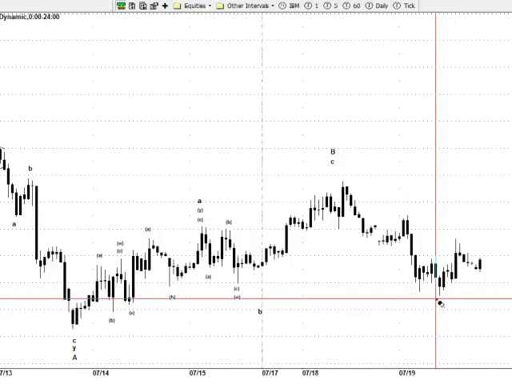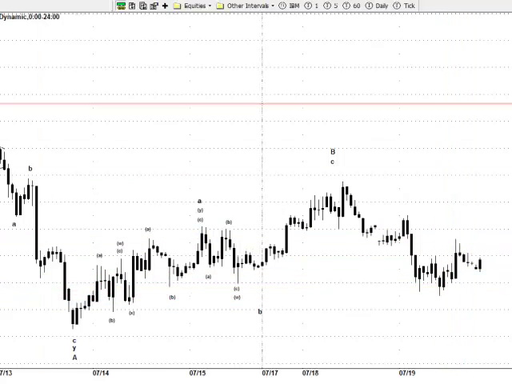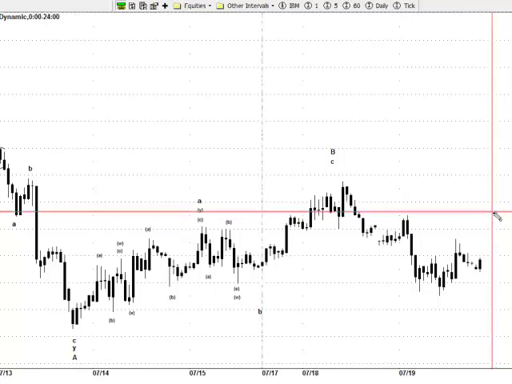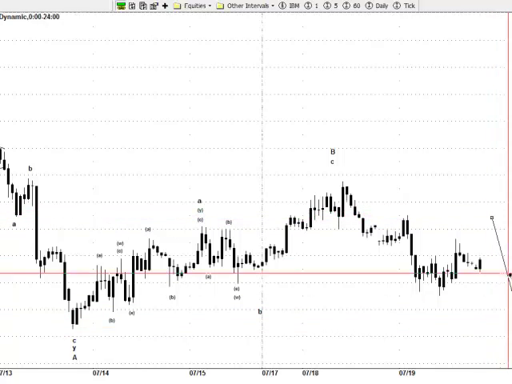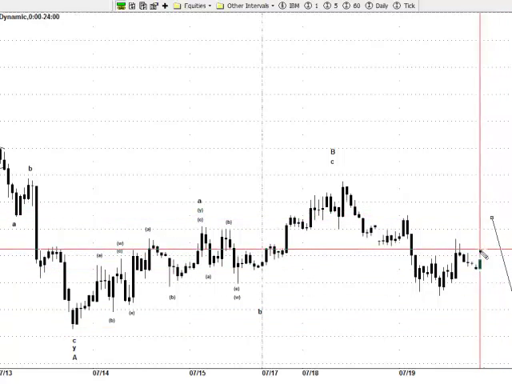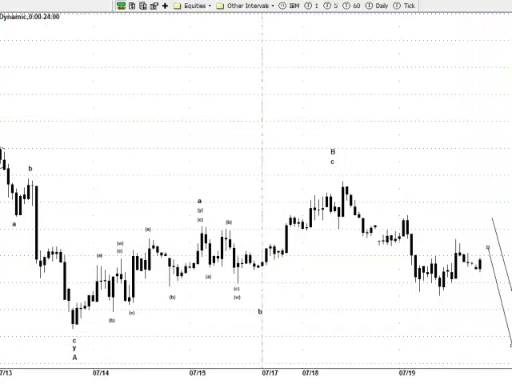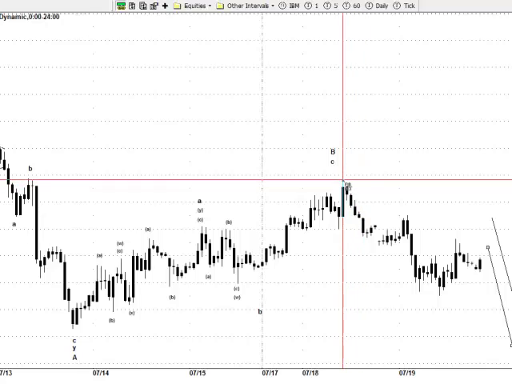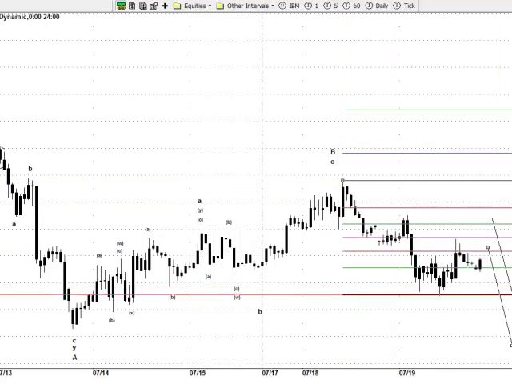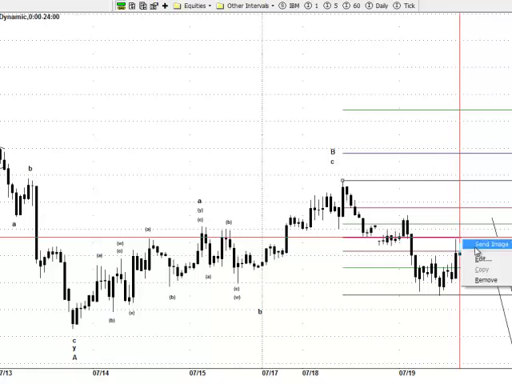Now, the dollar is either going to create a deeper correction to around this area, or the dollar already created a secondary top right here, and it's going to drop. It's good to mention that the high here was the 50% retracement.